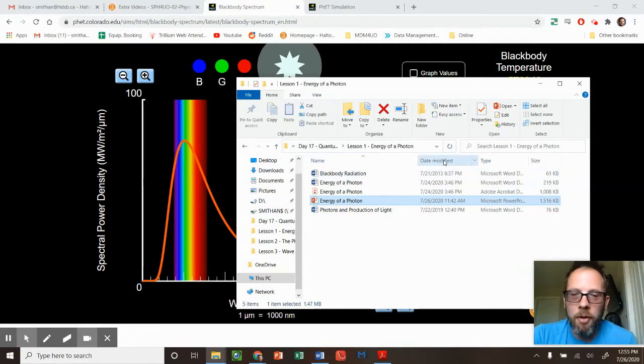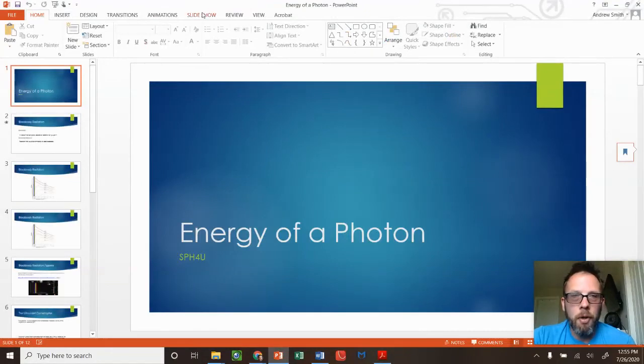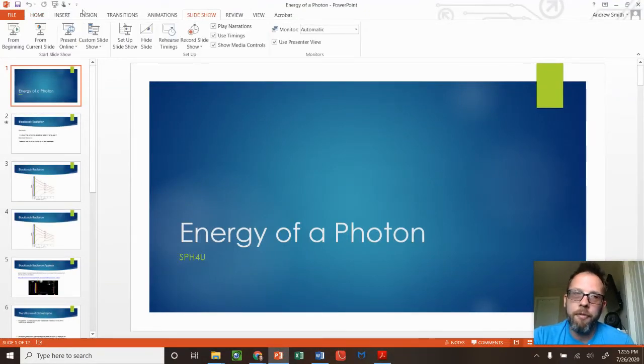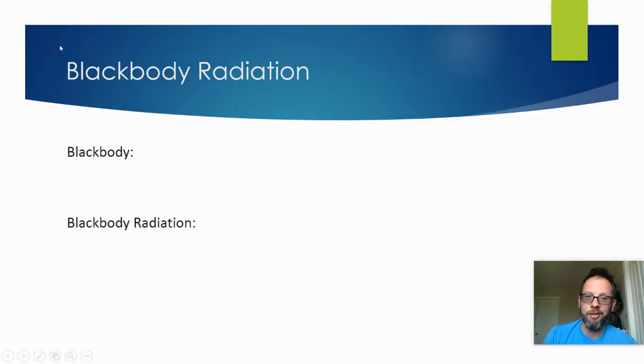So you might be wondering, what does this have to do with the particle theory of light? Well, it actually has to do with quite a bit. Because there was a problem with what theory said should happen with these black bodies and black body radiation, and what actually does happen.